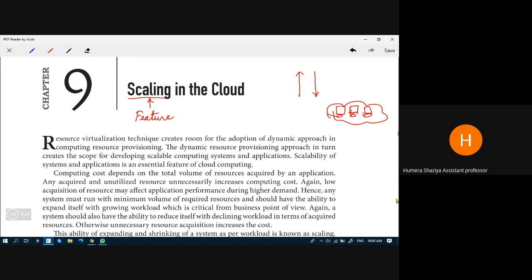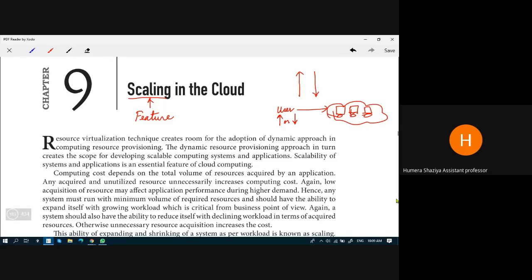The user can request resources, and the user may need to expand the resources which have been allocated, or the user may prefer to shrink the resources already obtained from the cloud.